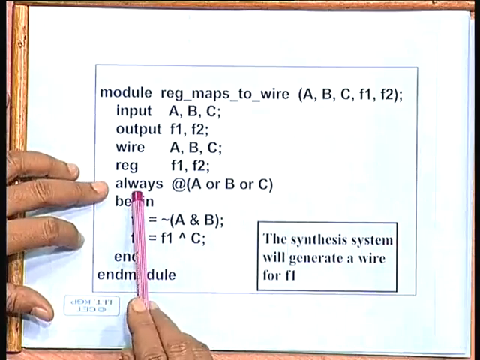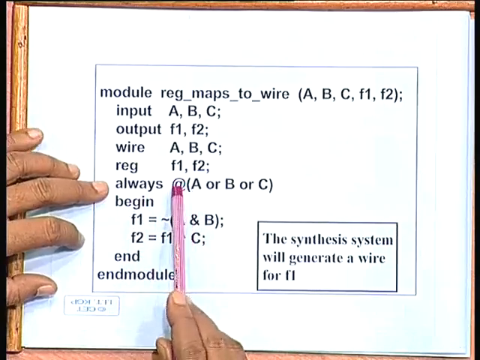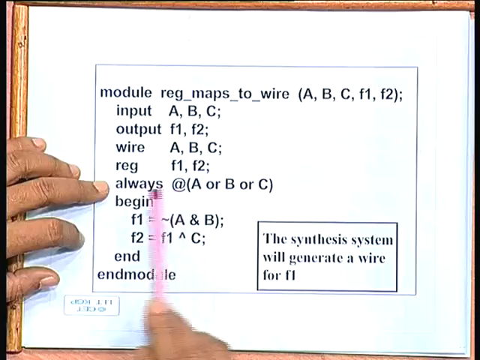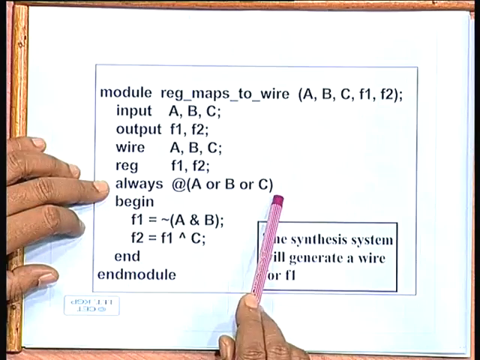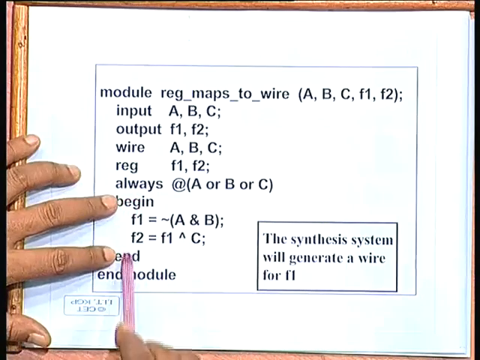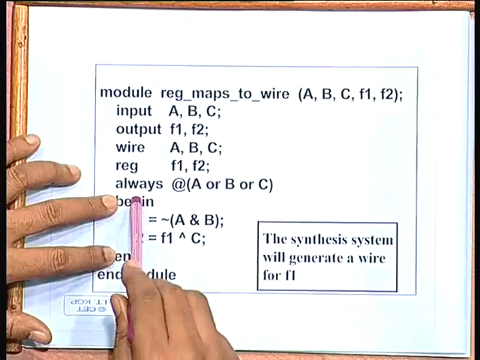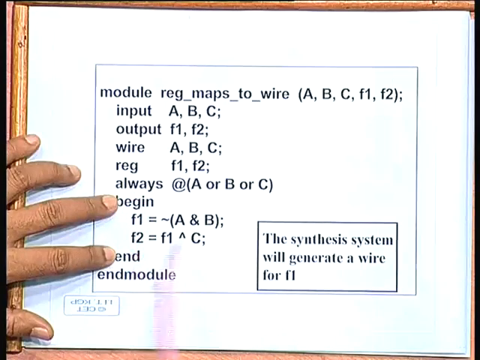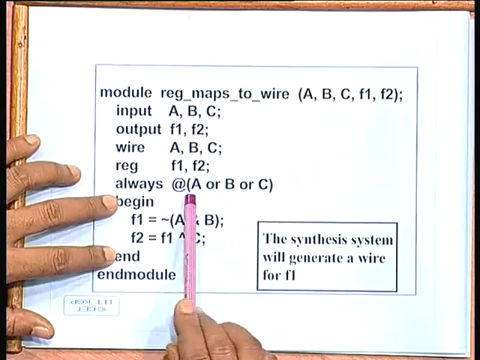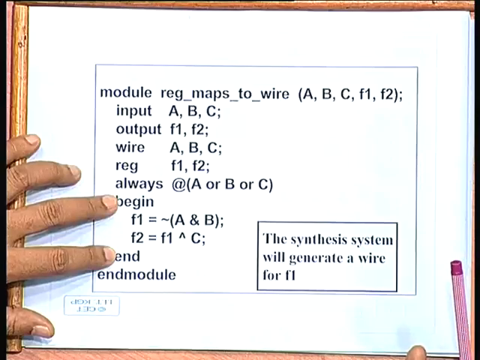This statement, always at A or B or C, actually means that the block that is inside always will be evaluated if this expression changes value, not true, it changes value.